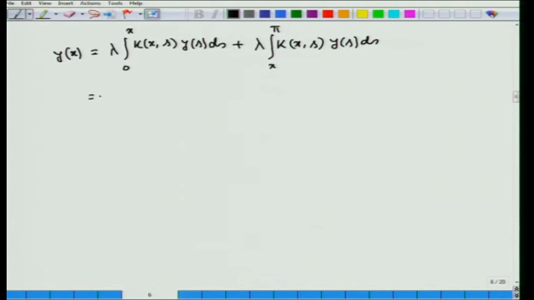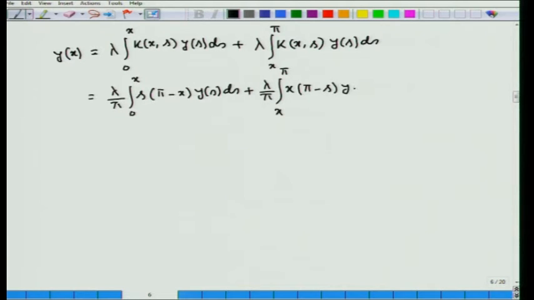So, using the definition for the kernel, this will be equal to lambda by pi integral 0 to x s(pi minus x) y(s) ds plus lambda divided by pi integral x to pi x(pi minus s) y(s) ds.